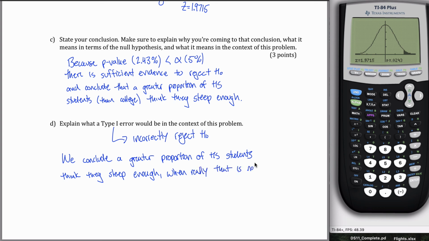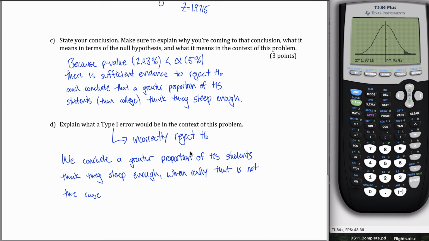What do you mean that's not the case? Like, really the proportions are the same for high school and college, or really college is more? I don't know. All I know is that really it's not the case that a greater proportion of high school students think they sleep enough. But we concluded that a greater proportion of high school students think they sleep enough. We incorrectly said the claim was true. We incorrectly rejected the null hypothesis. That's what a type 1 error would be, hypothetically speaking. We don't know if we made one or not, but that's what it would be if we did make one. And that's all I got for this quiz.